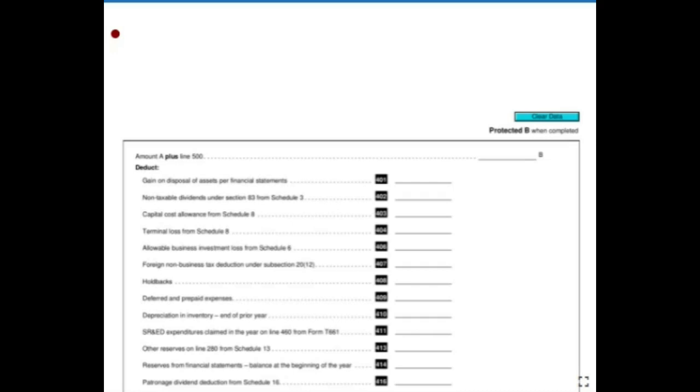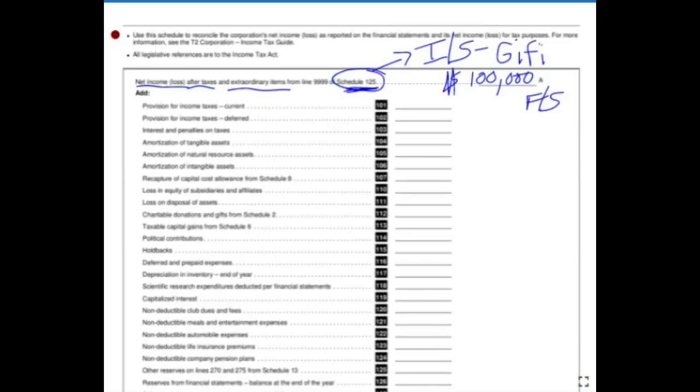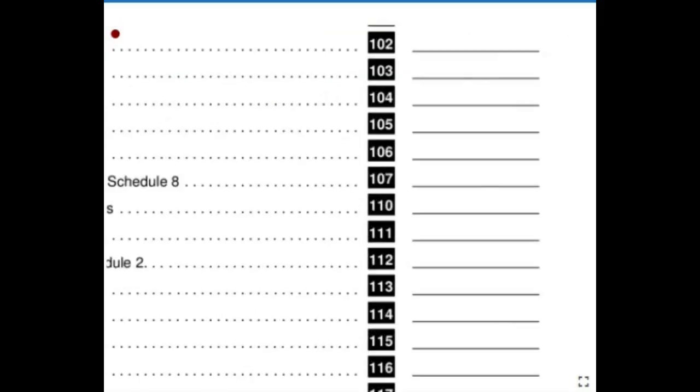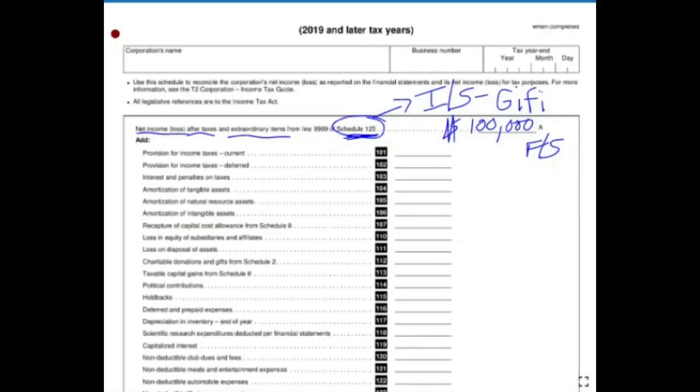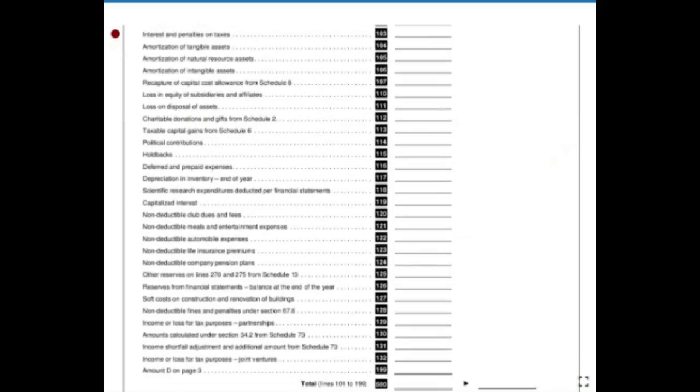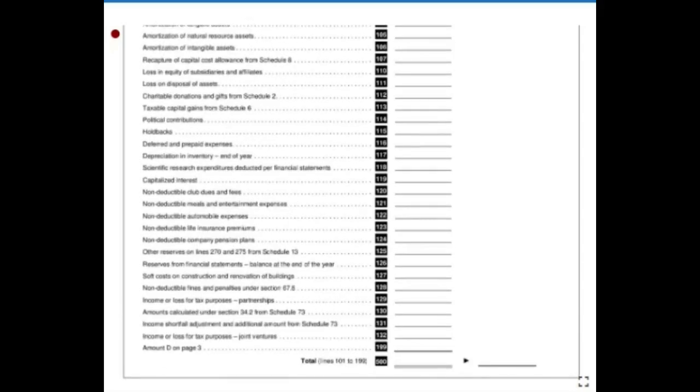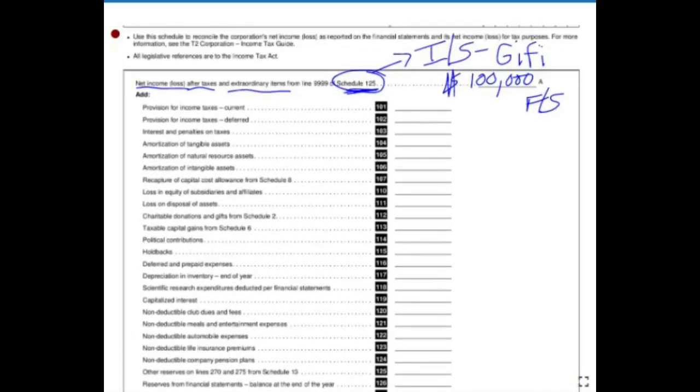Now, the good news is that our software, as we're entering all the information into Schedule 125, is going to populate the basic stuff here that is really obvious. If you filled in meal expense, it's going to come over here and fill it. Now, there are additional rules, though. You can't just have the software do everything for you because there's certain things the software can't know.